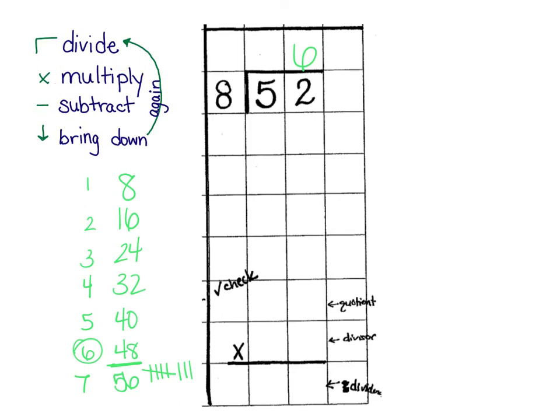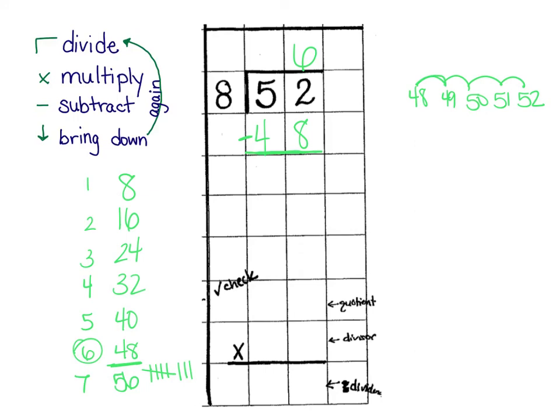Now I need to multiply. 6 times 8 is 48. Now we need to subtract. And you might start borrowing here, but I'm going to tell you an easier way. Let's count up. 48, and we're going to go up. 49, 50, 51, 52.